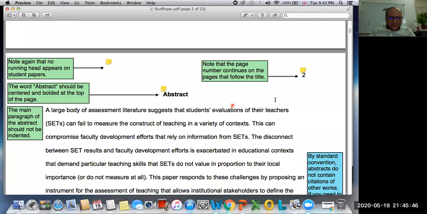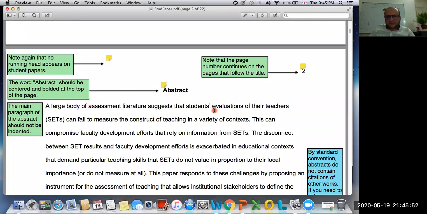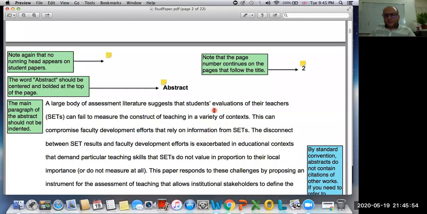So the main paragraph of your abstract here should not be indented. As I told you, we have different types of abstracts. We have informative abstracts, and we have descriptive abstracts. And the choice depends on your research purpose, your research intent. Okay?